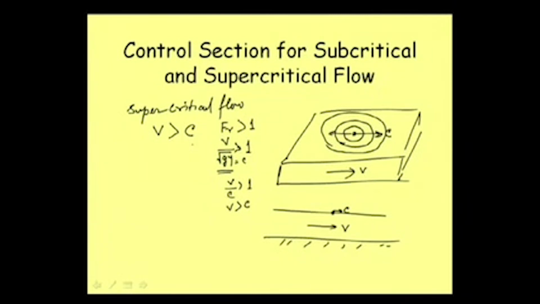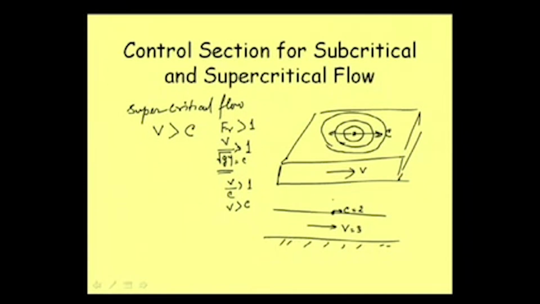Now as v is greater than c, for example let us take v equal to 3 and c equal to 2. This wave is moving at a speed 2 relative to v, that we need to know. Now what will be its speed in the opposite direction, because the media is moving.